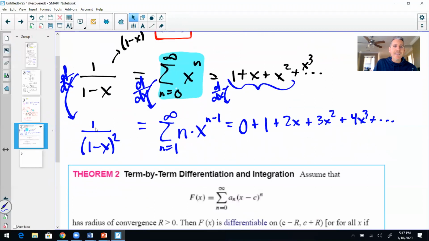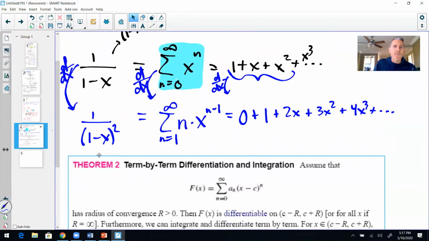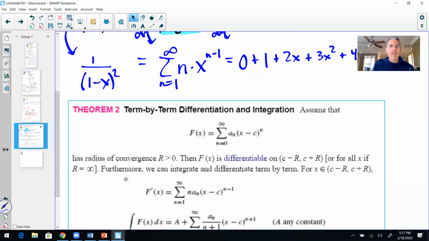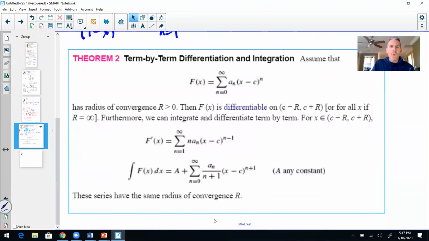So therefore, I can tell you this will also have a radius of convergence of 1. Now, you could find that by doing the ratio test still, but you don't need to because you differentiated to get this, okay? All right, I hope that helps.